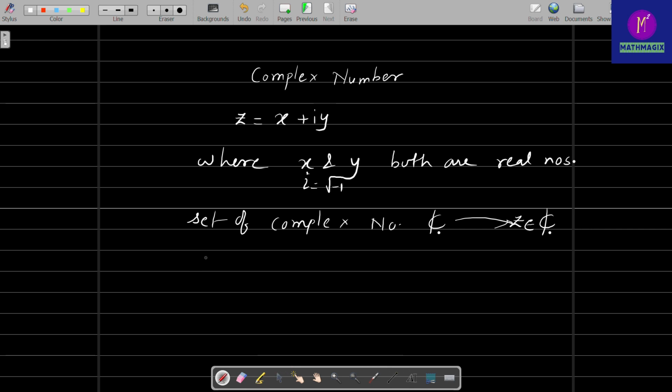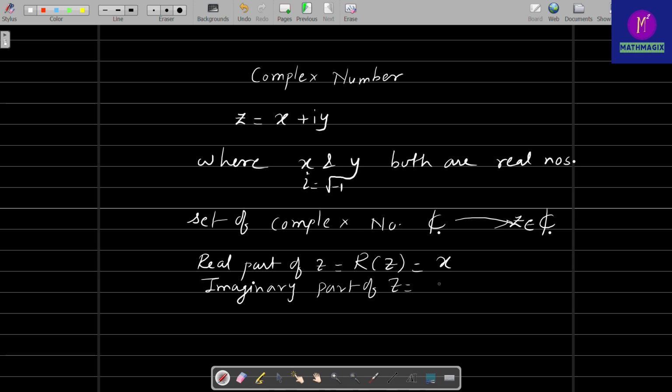Let us write the real part of z, which we can also denote by Re of z, which equals x in this case. Similarly, the imaginary part of z we can denote by Im of z, which is nothing but y.